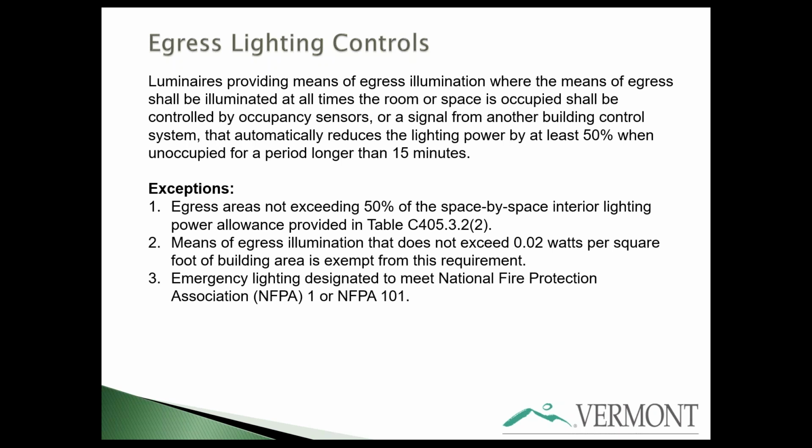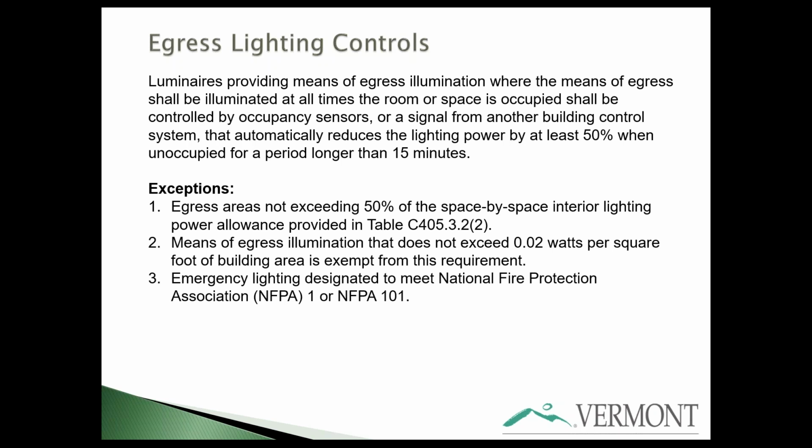So this is not emergency lighting that only comes on in an emergency. This is lights that are on in hallways, in stairways. They don't need to go off, but they need to go to at least half power when unoccupied.